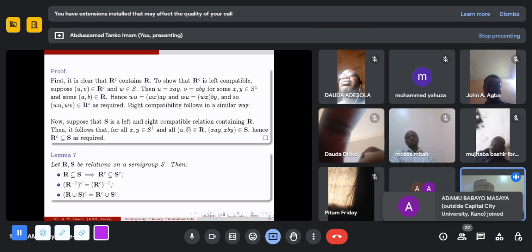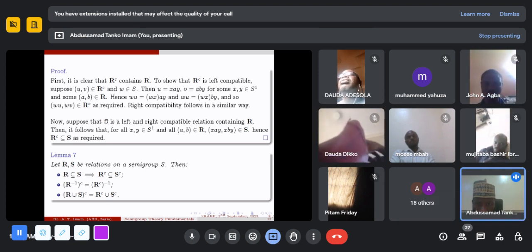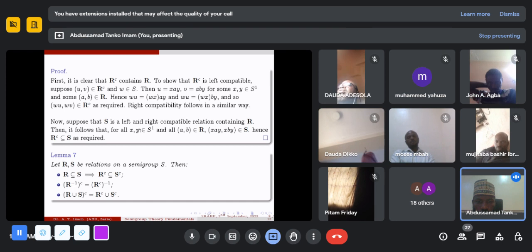If I take this pair and multiply by x from the left, the result should be inside S. And if I take the pair again and multiply by y from the right, the result should be in S, because this pair is also in S, since S contains R.